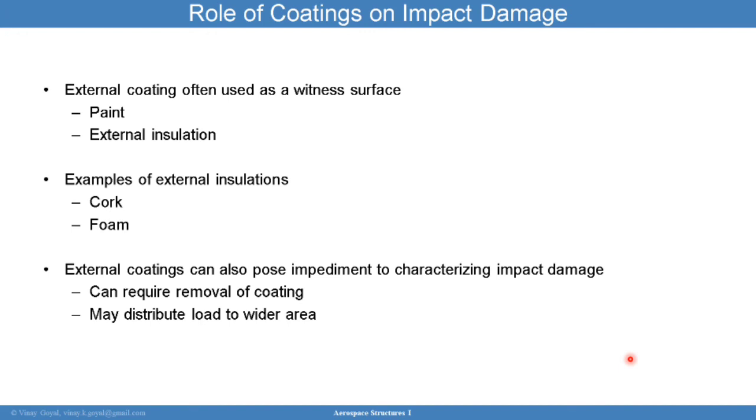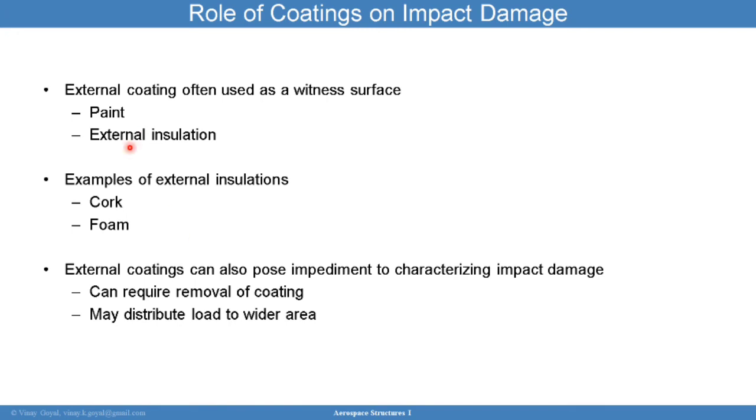External coatings can also pose an impediment to characterizing impact damage. So yes, while they could be indicators, they can also be in your way of really looking at what's going on beneath. And so this kind of cork or paint will require removing them to then look at what's going on.